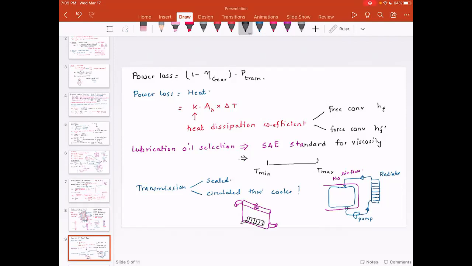And this radiator is specifically for the transmission fluid cooling. So you have this water that goes around here. Now what happens is this water is circulated around the fins of the transmission cooler, and that heat is dissipated.